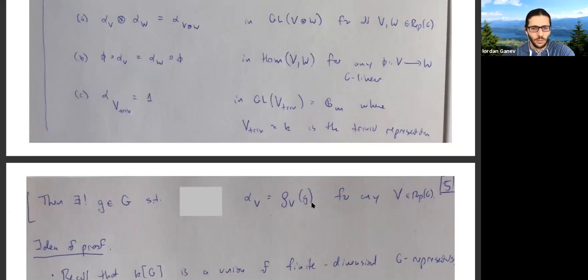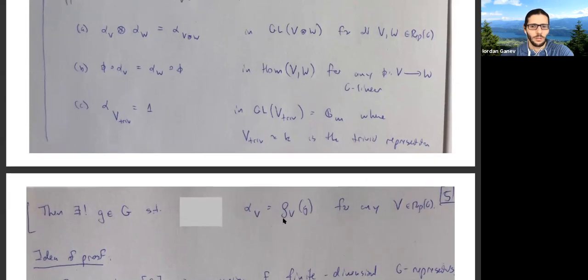I'll give several different interpretations of this, but one way to state this is that if you do have an element of the group, then you can just look at its action on all the v's. And that gives you a set of alphas, and those alphas satisfy these properties.